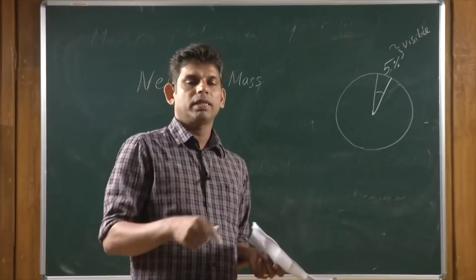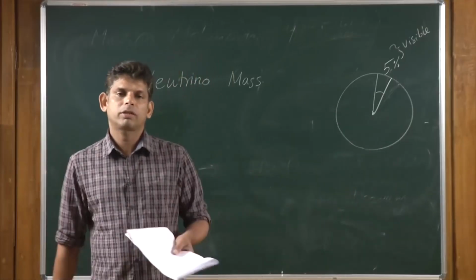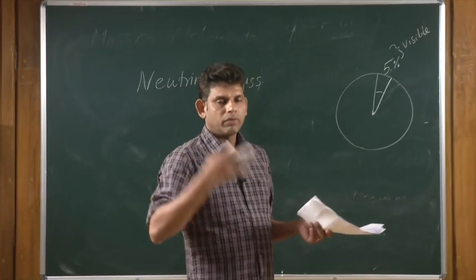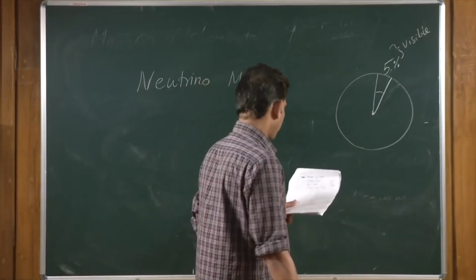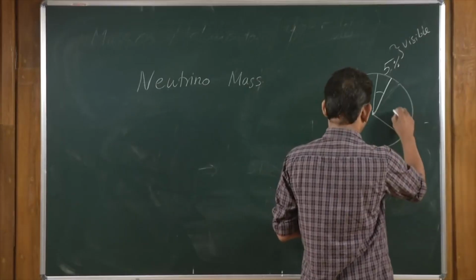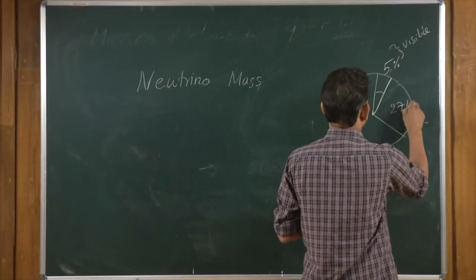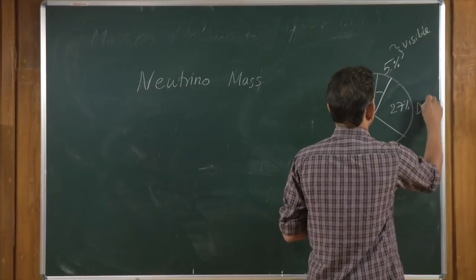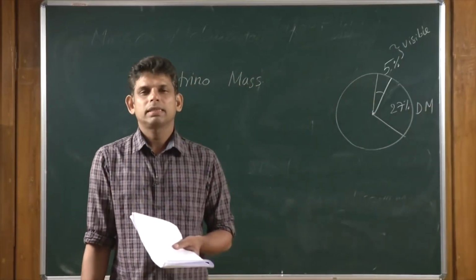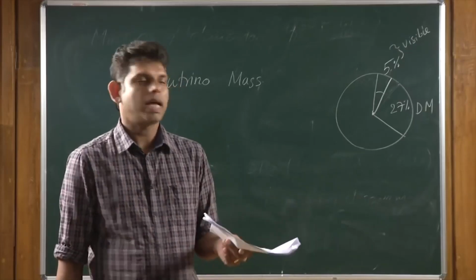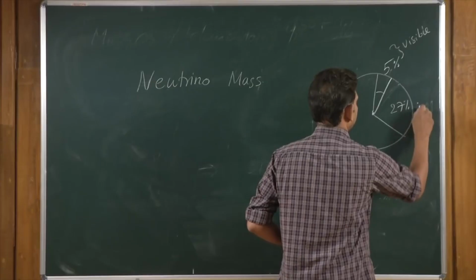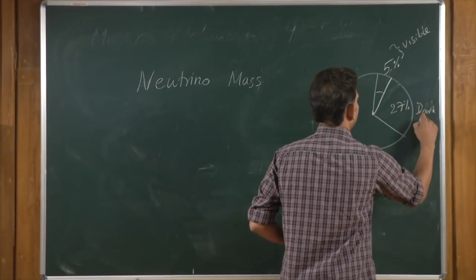When I say visible, it includes the whole spectrum of electromagnetic radiation that we can see with our naked eye, with our instruments, etc. Something like 27% is again supposed to be matter, and that is not seen; that is called dark matter. So, let me write it as dark matter.